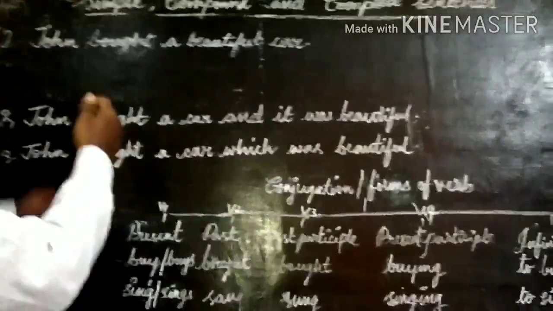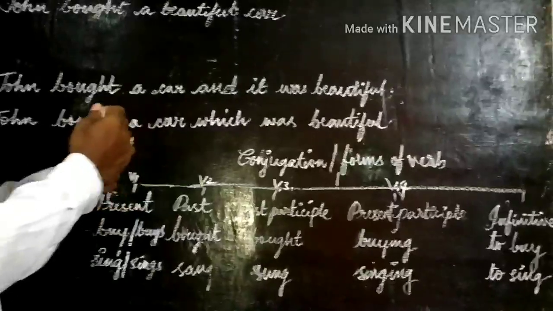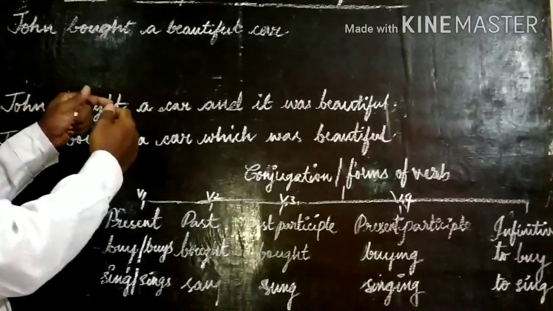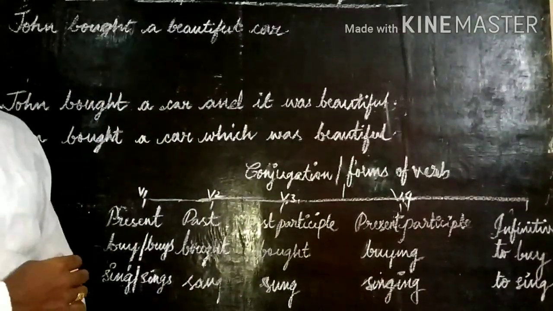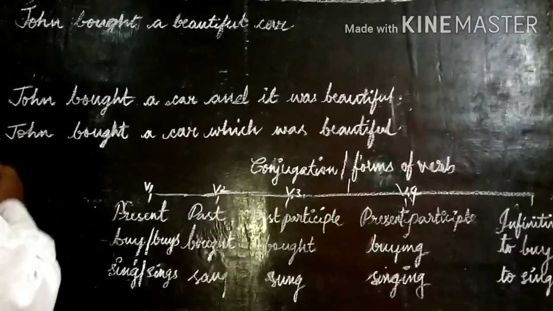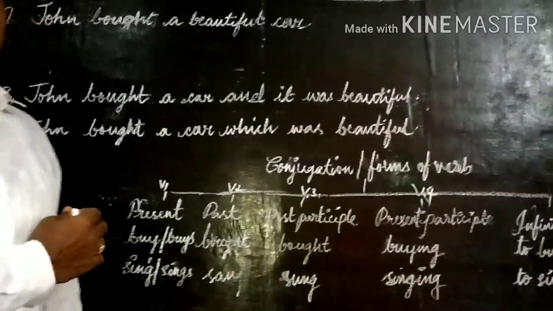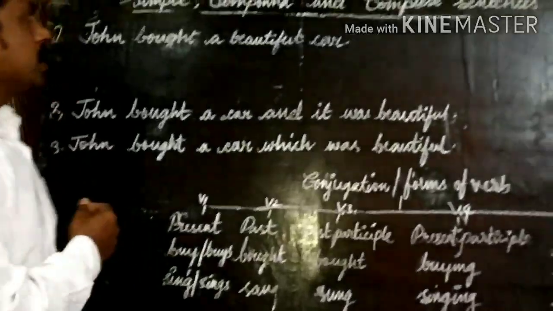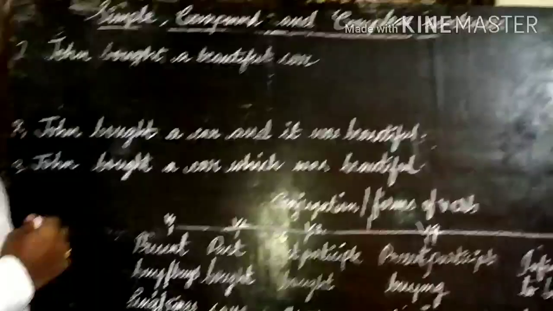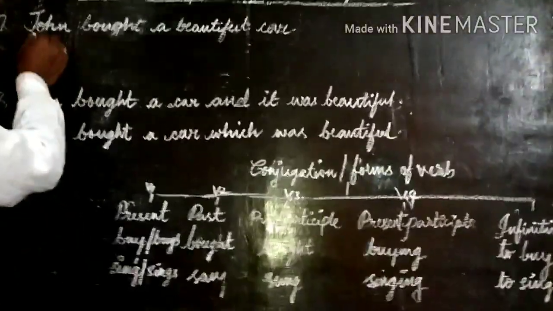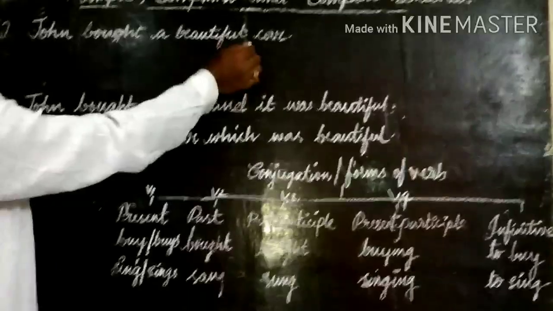But the structure differs from one to the other. Let us examine each sentence and analyze how each one is called. Let us begin with the first example. That is, John bought a beautiful car.